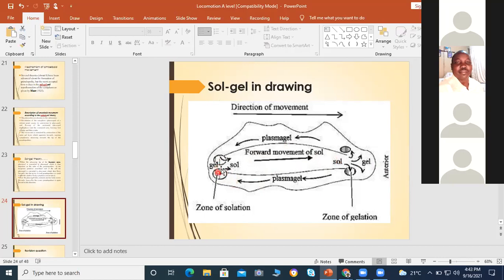So what is going to happen here is that this solid starts to melt. Once it starts to melt, it flows forward. Now, as it is flowing forward, it creates a tension here. As it flows, it stretches the cytoplasm, and therefore the plasma gel or the plasmalemma that bases itself on the substratum will expand.